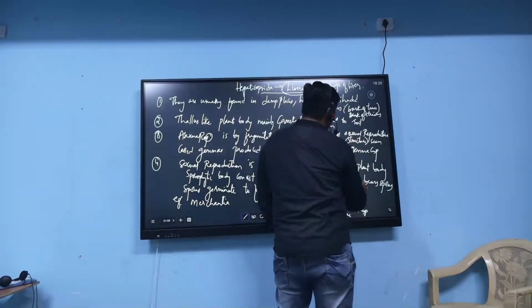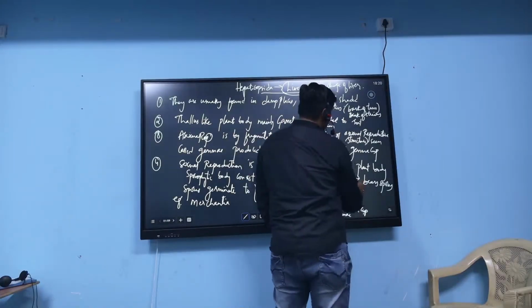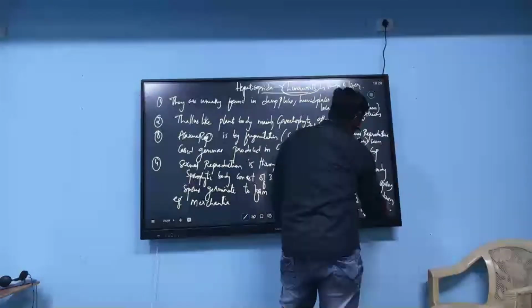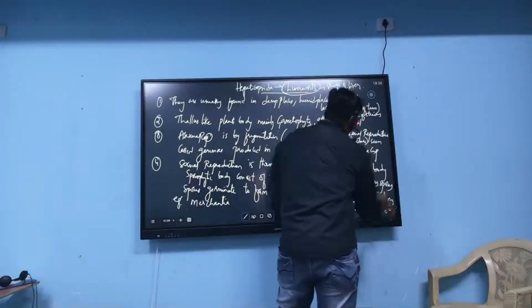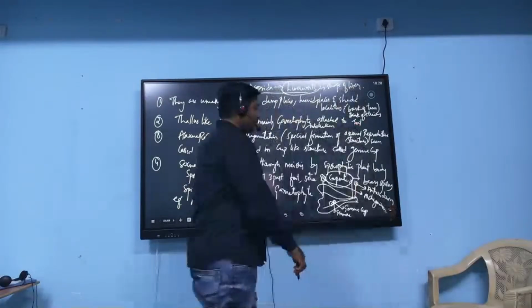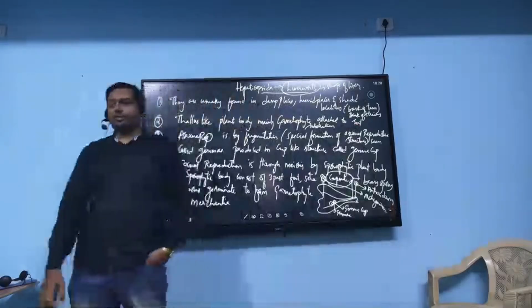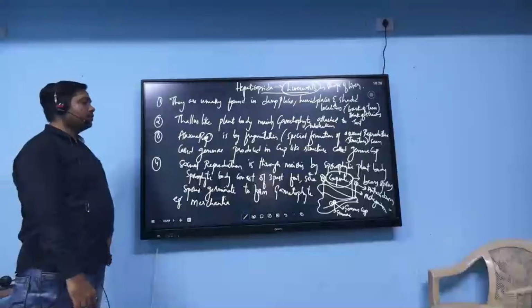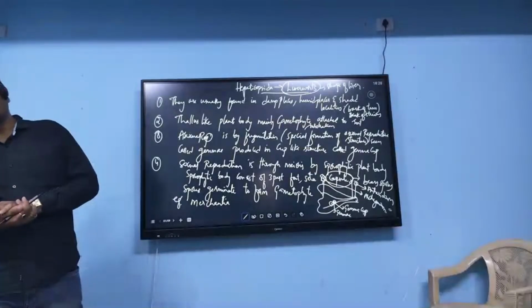Along with this, they have the male and female sex organs, antheridium and archegonium. Antheridium will produce antherozoids and archegonium will produce ovum. That finally leads to the formation of the sporophytic plant body.